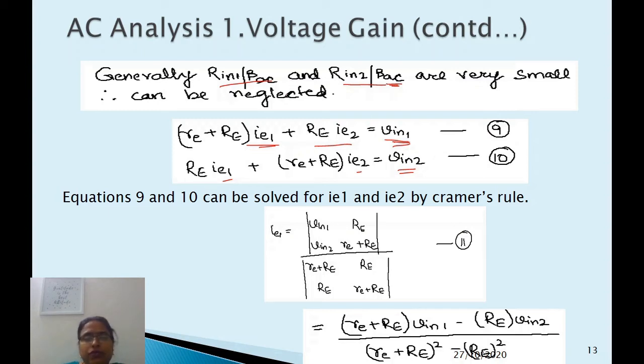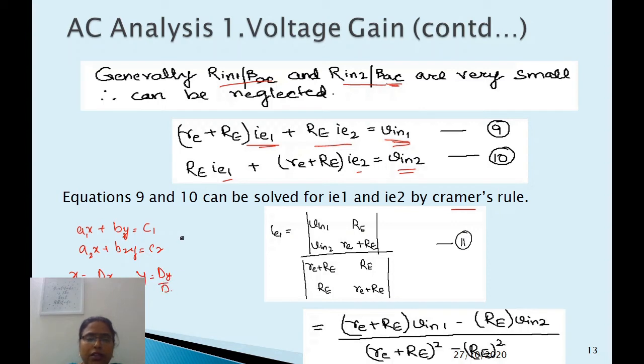Now we have to solve these two equations for the two currents IE1 and IE2 by using Cramer's rule. Now what is Cramer's rule? Cramer's rule says that if we have A1 X plus B1 Y equal to C1, and A2 X plus B2 Y equal to C2, then according to Cramer's rule, X equal to dx upon d and Y is equal to dy upon d.